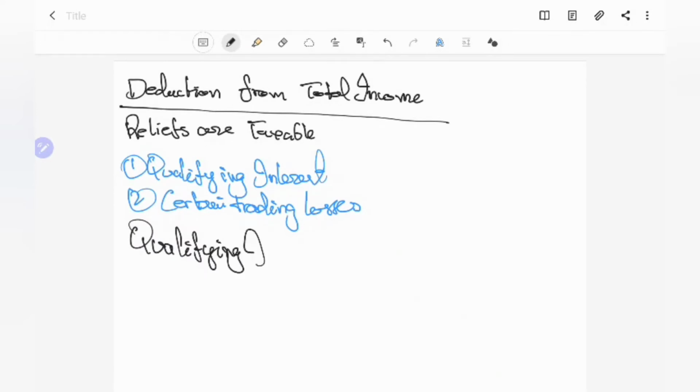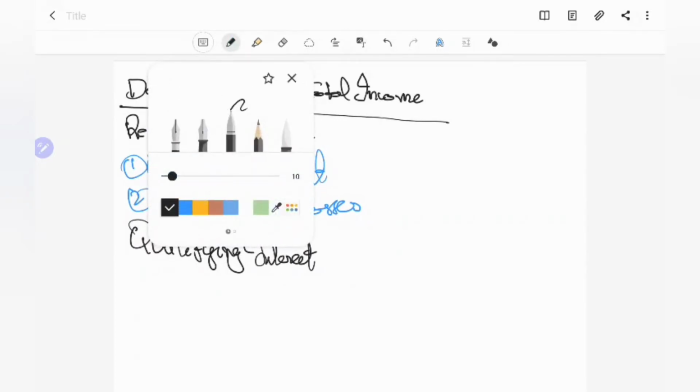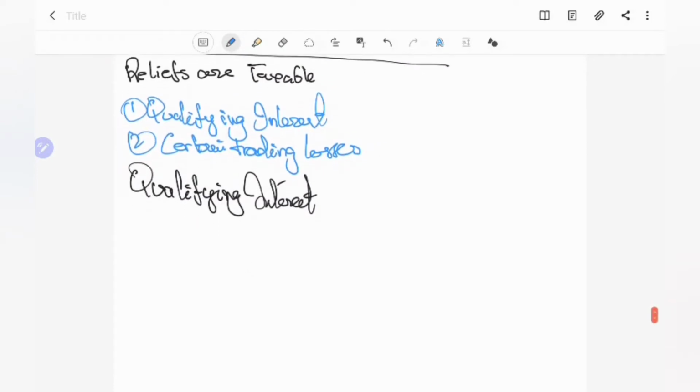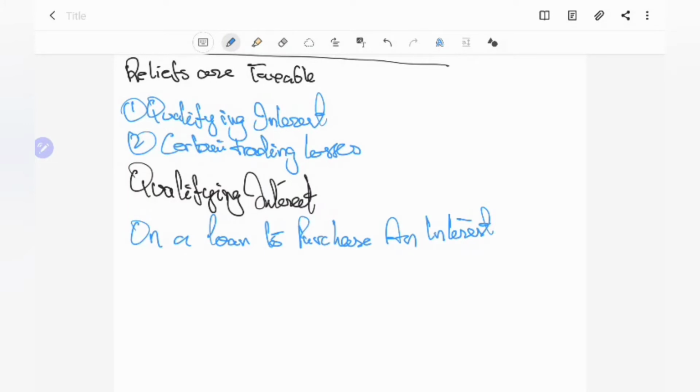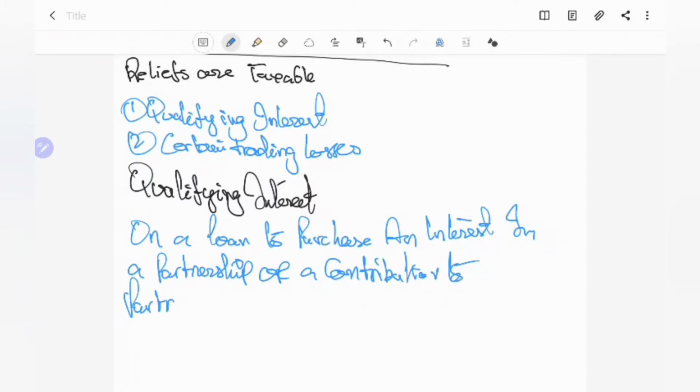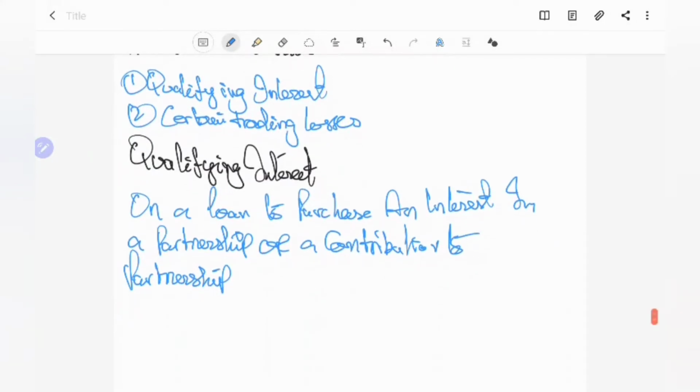So qualifying interest, number one, on a loan to purchase an interest in a partnership or a contribution to the partnership of capital or a loan.